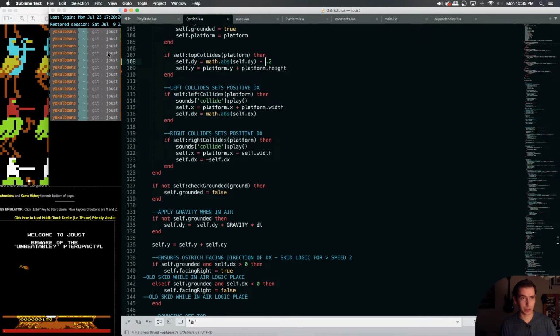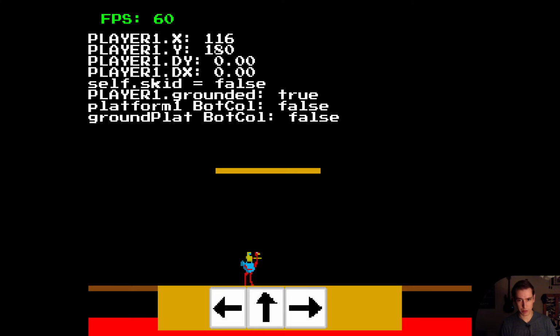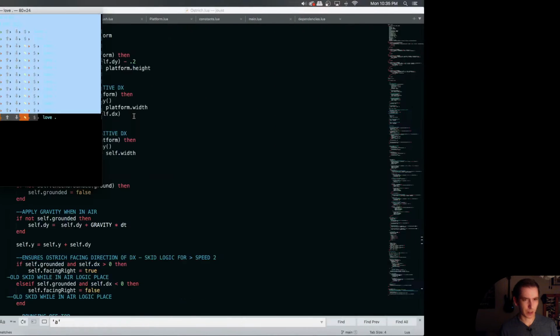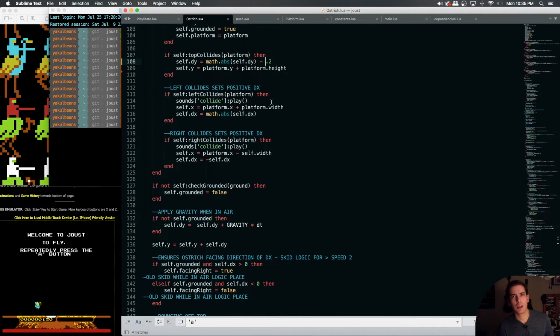I feel like the -0.2 was getting us better results than just the absolute value because of the gravity, but okay. Okay, I mean I think that's good. That's definitely better than it used to be, and it solves the problem I wanted, which was a light bounce doesn't get you so far down.